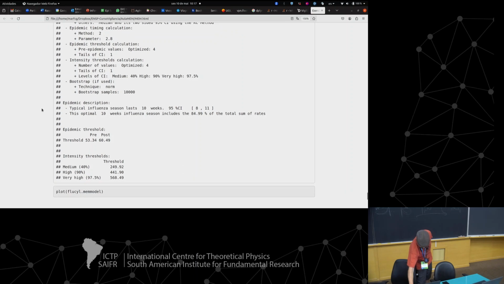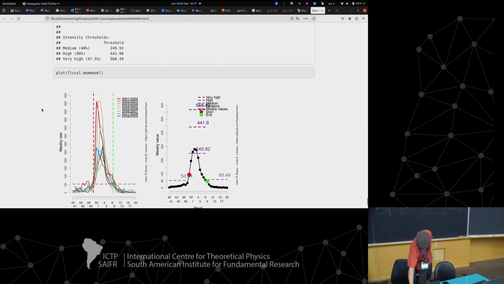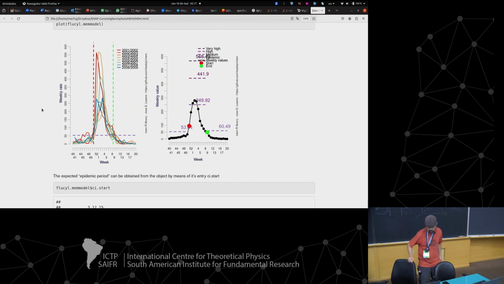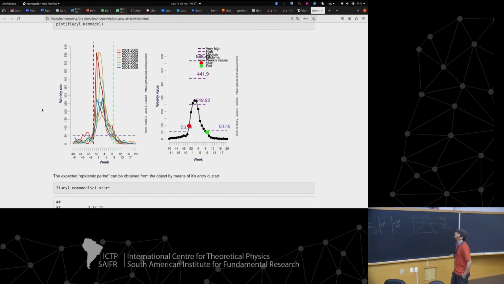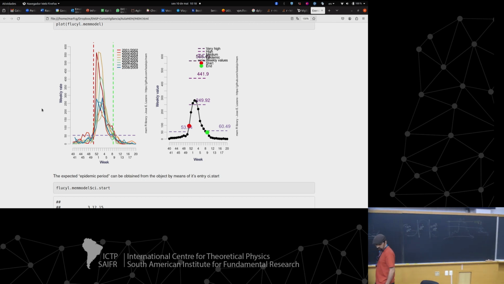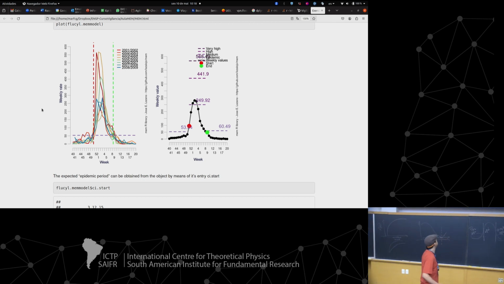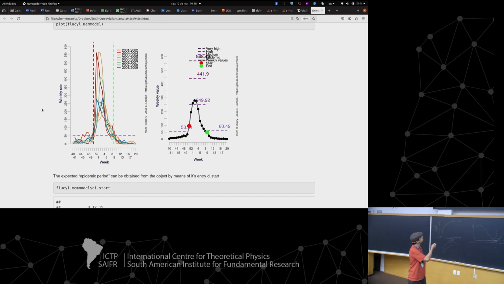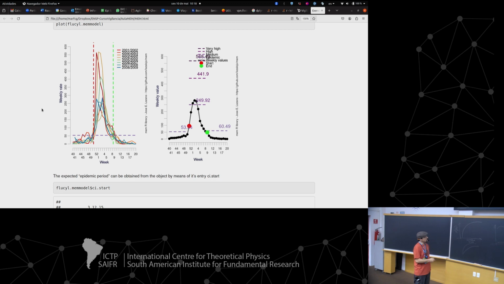Now, the proposed visualization of the outcomes of this particular function gives you on the left, when it defines pre-epidemic and post-epidemic windows, right?